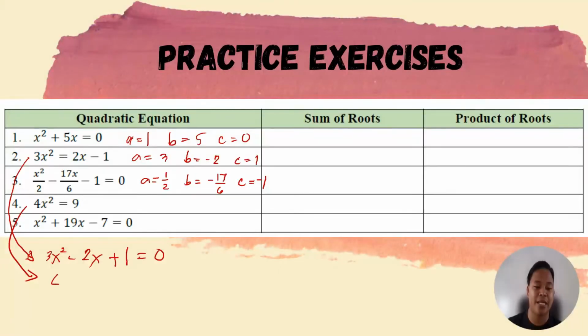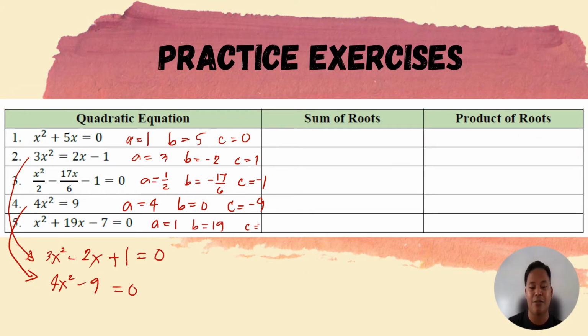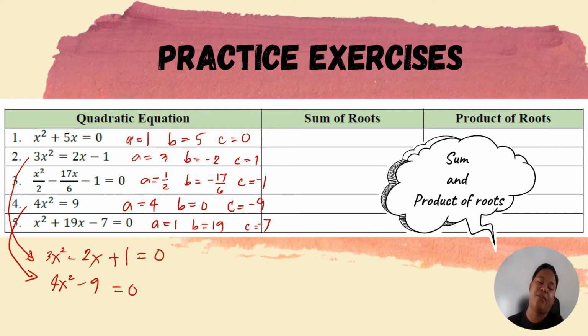Then we have 4x squared minus 9 is equal to 0. Then a is equal to 4, b is equal to 0, and c is equal to negative 9. For number 5, we have a is equal to 1, b is equal to positive 19, and c is equal to negative 7.